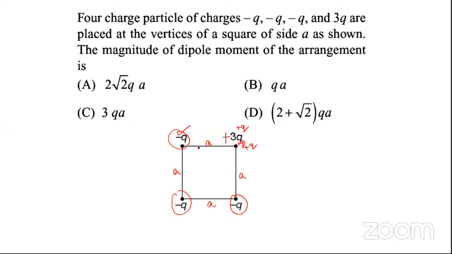Alright, and take the directions carefully. Like the dipole moment for this length will be towards here, dipole moment for this combination will be here, and a third dipole moment over here. So we'll have to find the resultant of these three dipole moments. Try doing this, guys.